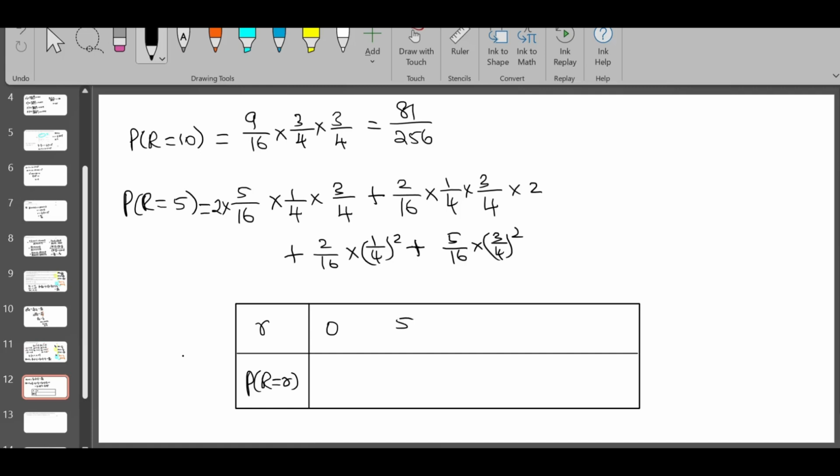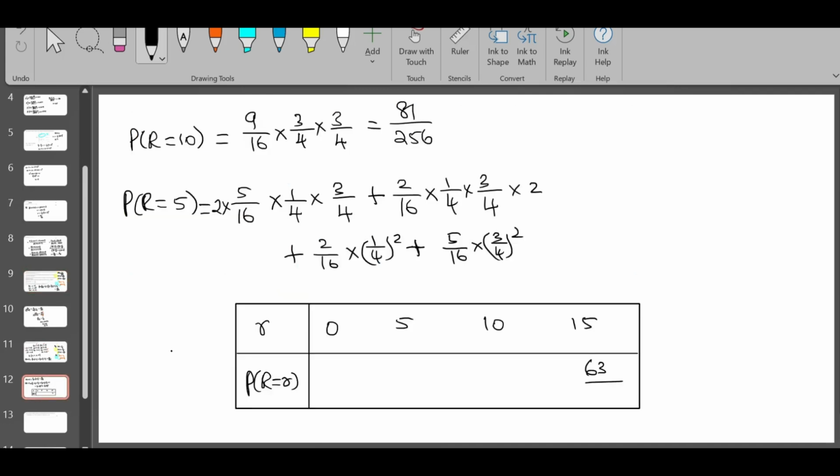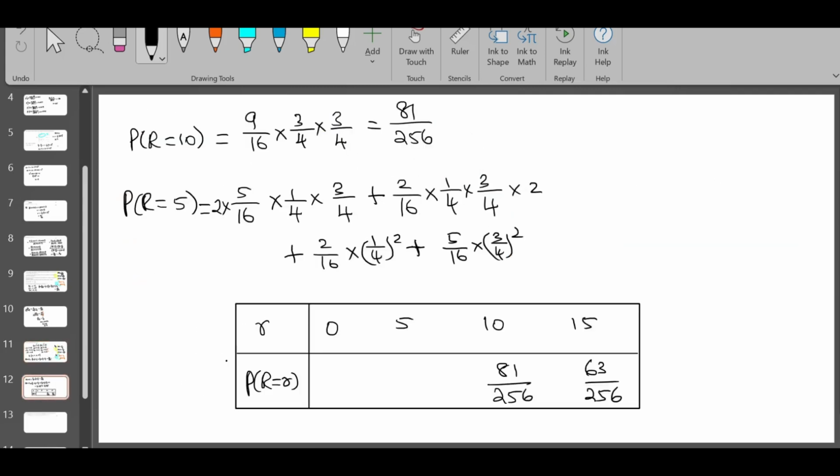For 15, the answer is given in the table, 63 over 256. For 10, it's 81 over 256. For 0, we calculated here, it's 23 over 256. So if you add up all 3 and subtract from 1, that would be the answer for 5.